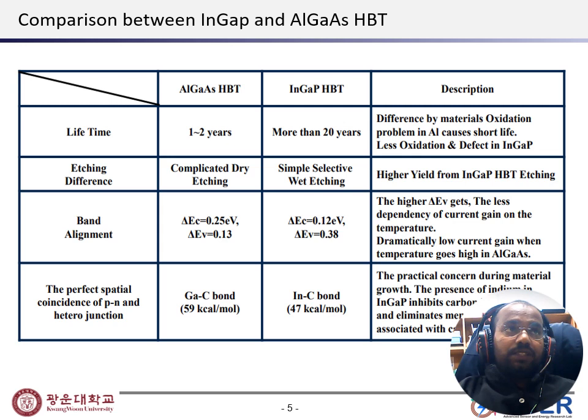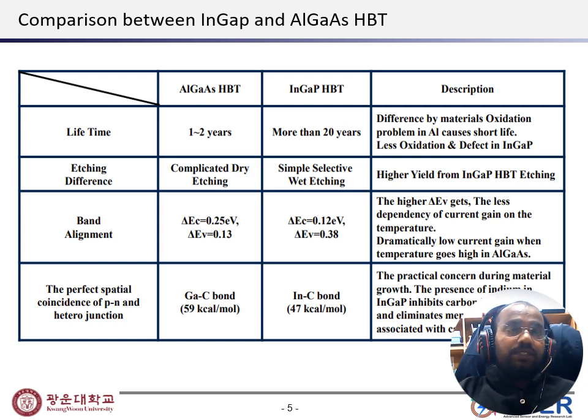Also, you can see the etching difference: complicated dry etching for aluminum gallium arsenide, while indium gallium phosphide needs simple selective wet etching. And while considering the differences, higher reliability from indium gallium phosphide, heterojunction etching, band alignment.